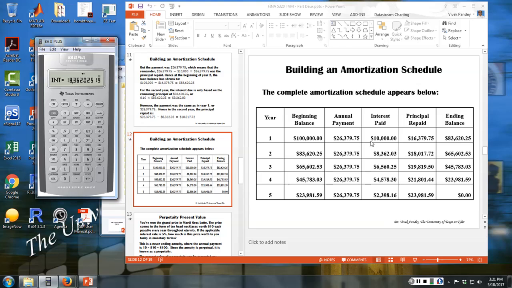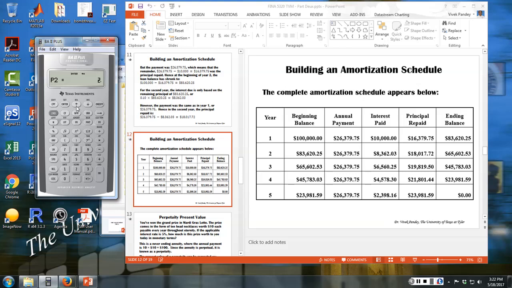The first year was 10,000. The second year it was 8,362, and we're just adding those two, aggregating 2 years of interest, right? So that's what P1 and P2 are for. If P1 and P2 are the same, then you're looking at one row. If P1 and P2 are different numbers, then they're summing up.